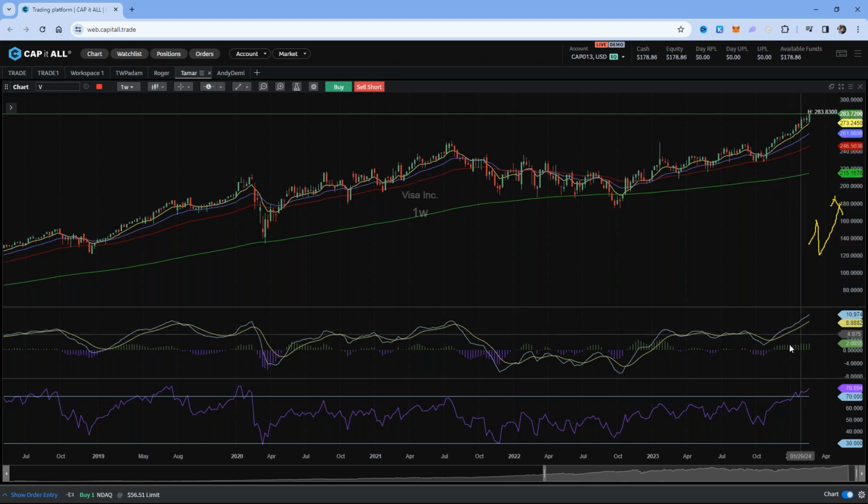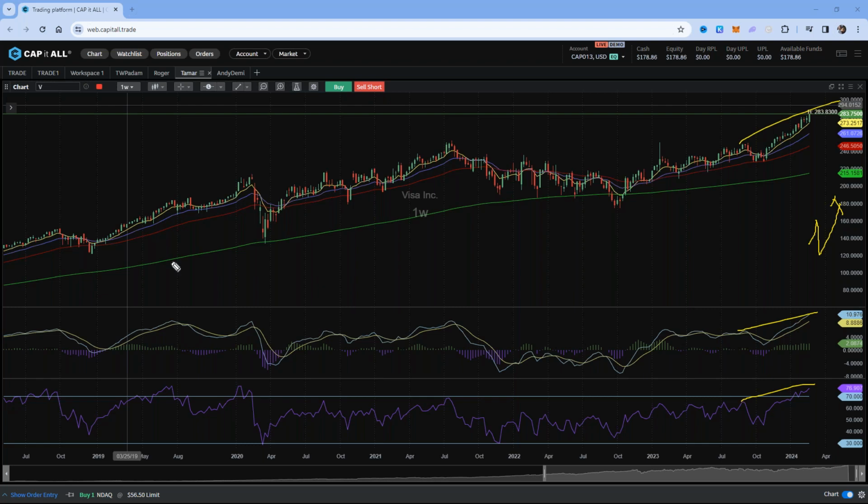If you look at the indicators, the MACD is essentially converging again. Let me show you so you can see price action, and then same with the RSI. We are overbought on the RSI.